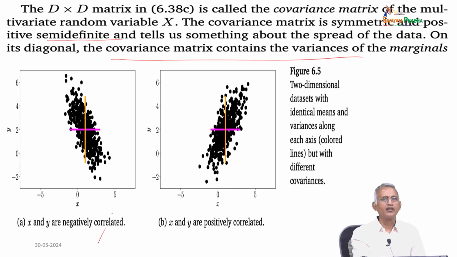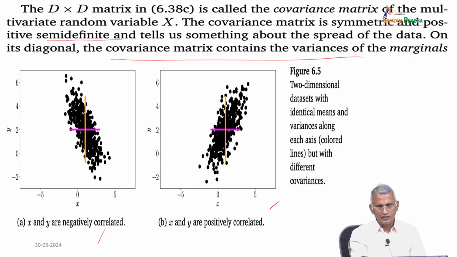So, if x and y are negatively correlated, the picture comes like this. If x and y are positively correlated, then the picture is like this. So, there are two dimensional data sets which are identical in both means and variances, but they have different covariances.